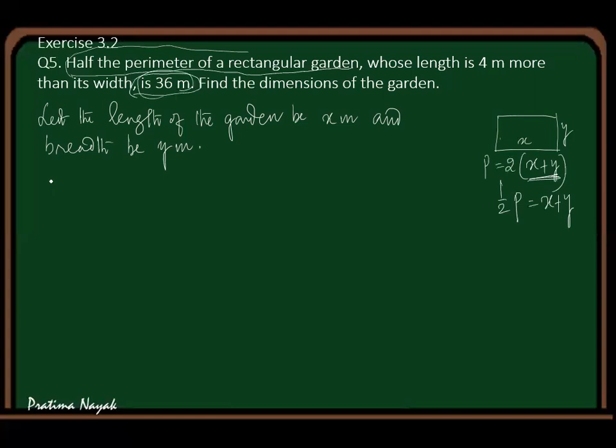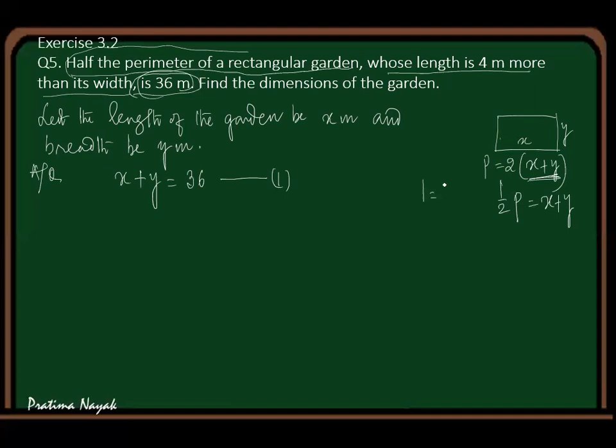So the first equation will be x plus y is equal to 36. This is equation 1.